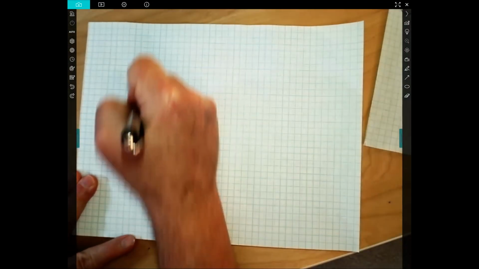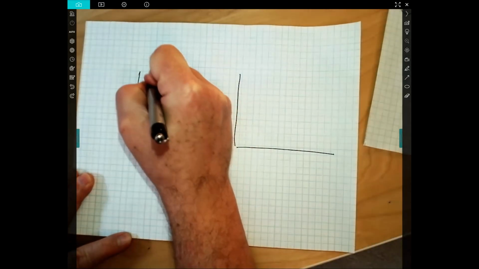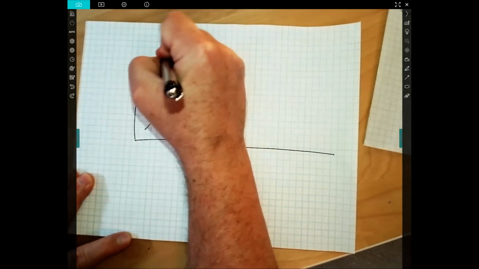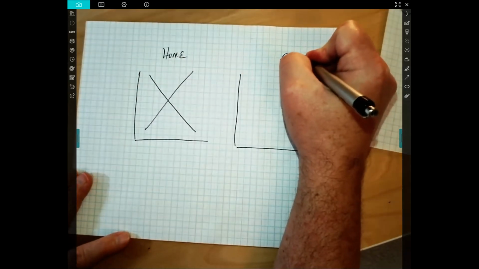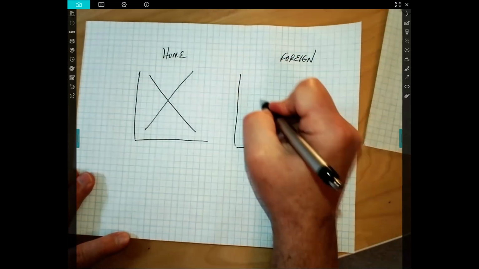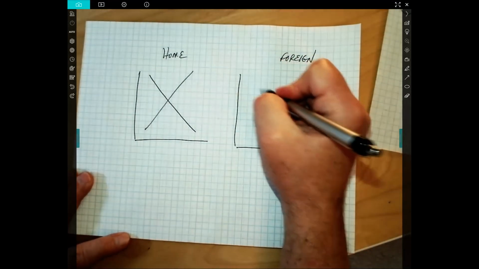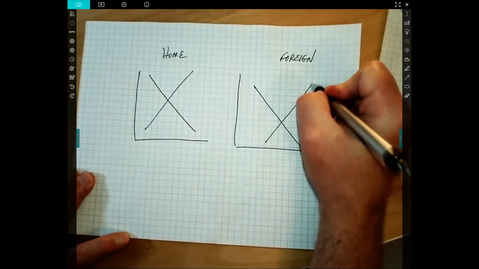So now let's just work through this. So home country, foreign. I'm going to draw it so that the home country has a deficit to begin with, a current account deficit.